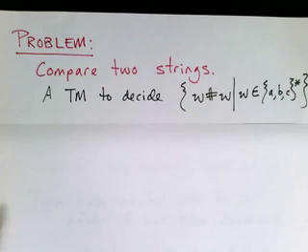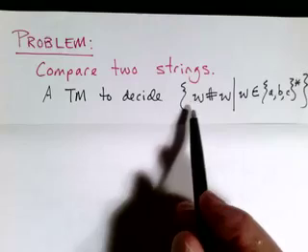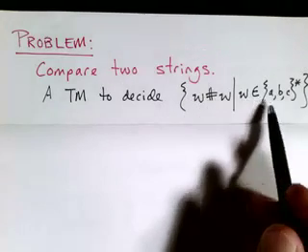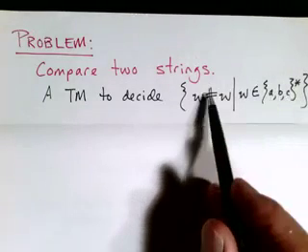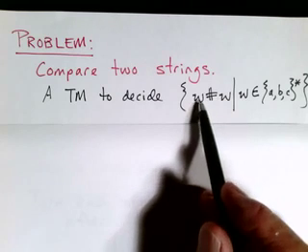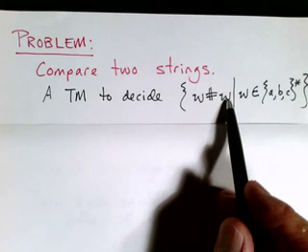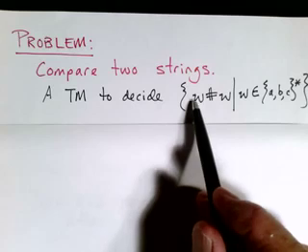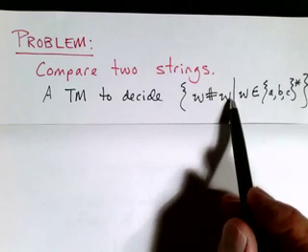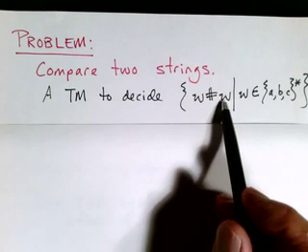Our next task is to recognize this language. W, which is a string of A's, B's, and C's, followed by a pound sign, followed by that same string again. So the first half has to be equal to the second half. So we essentially have to compare an arbitrarily long string to a second arbitrarily long string to make sure they're equal.